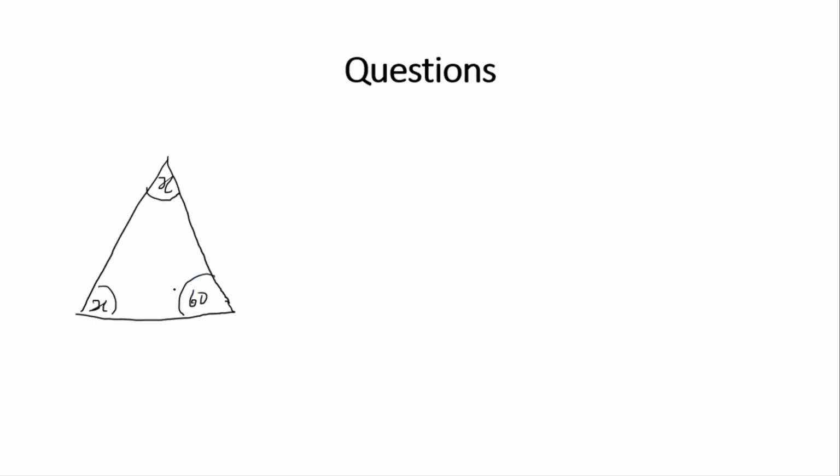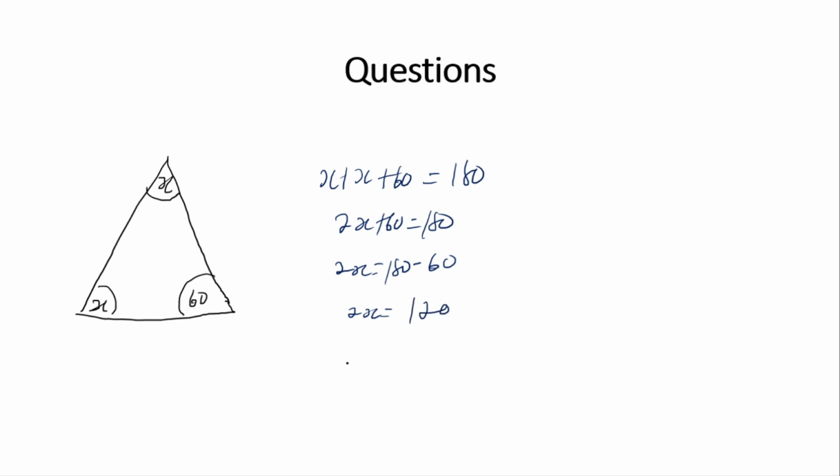And we'll be given this question to solve for the value of x. Now we know that the sum of interior angles of a triangle is 180 degrees. So x plus x plus 60 equals 180 degrees. Now 2x plus 60 equals 180. 2x equals 180 minus 60. 2x equals what? 120.